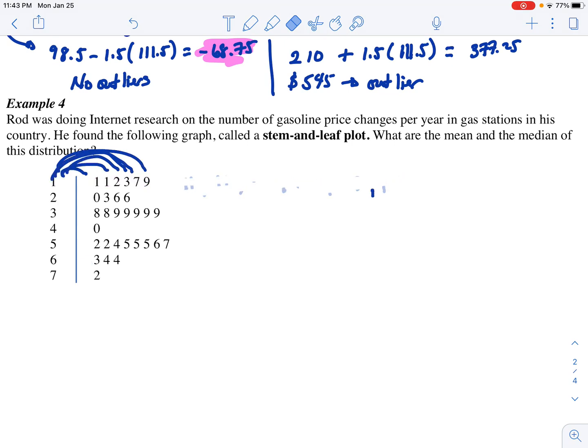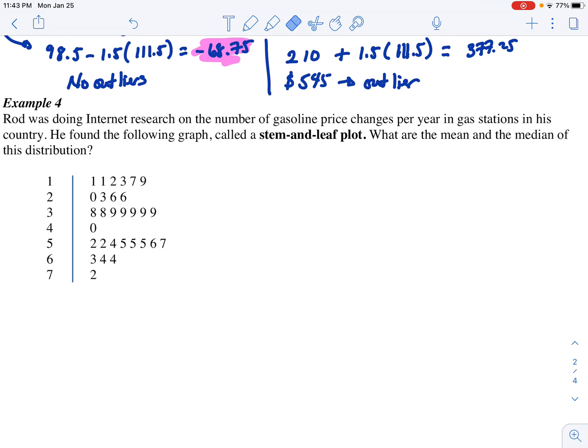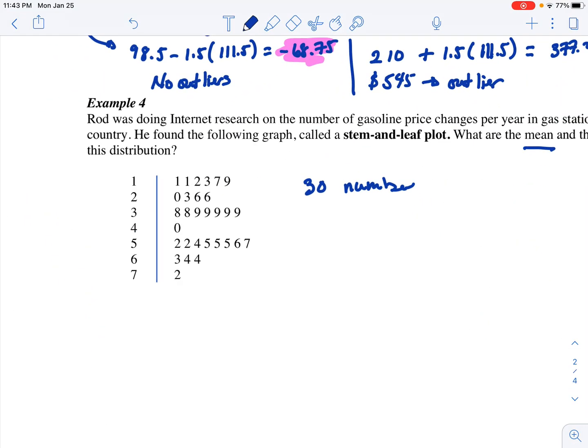So what we are looking for is the mean and the median. Well, the mean is still going to be a little bit tedious. One thing we do know is that if we counted this all up, we'd have 30 numbers. To find the mean, we'll have to add up all the entries.